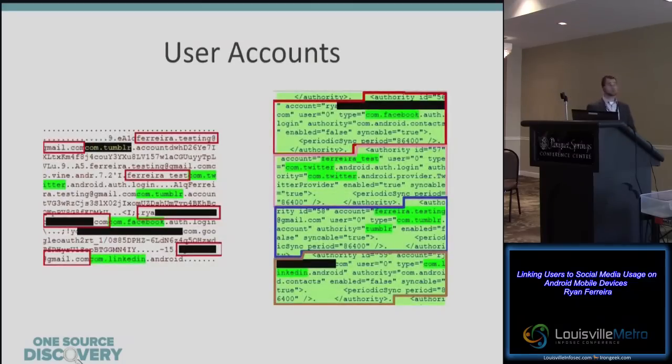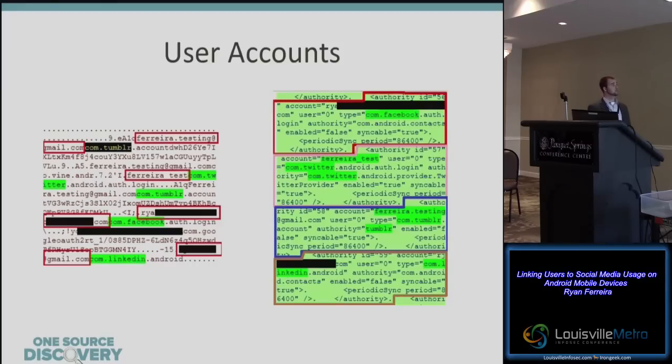I mentioned the user accounts, that useraccounts.db, or the contacts2.db database. Once all these have been cleared out and uninstalled, you can still go to that database, and if you view it in its raw format, everything is basically just sitting there in free space. I've gone through and highlighted each one of the accounts.